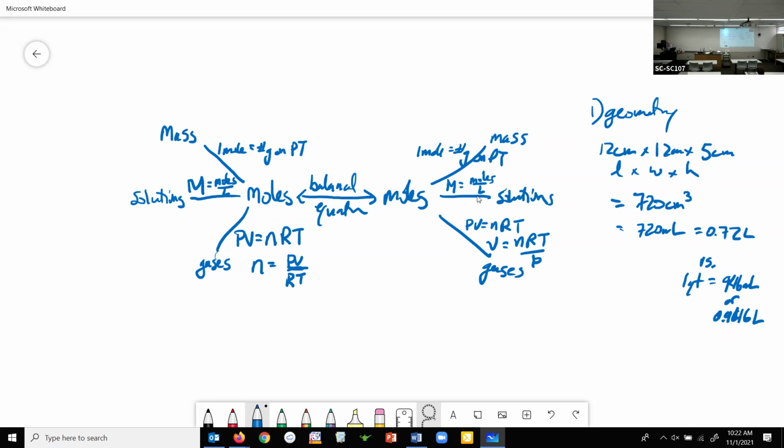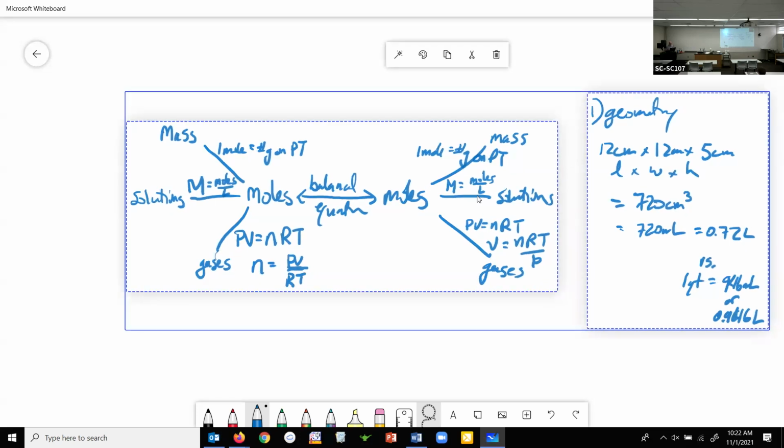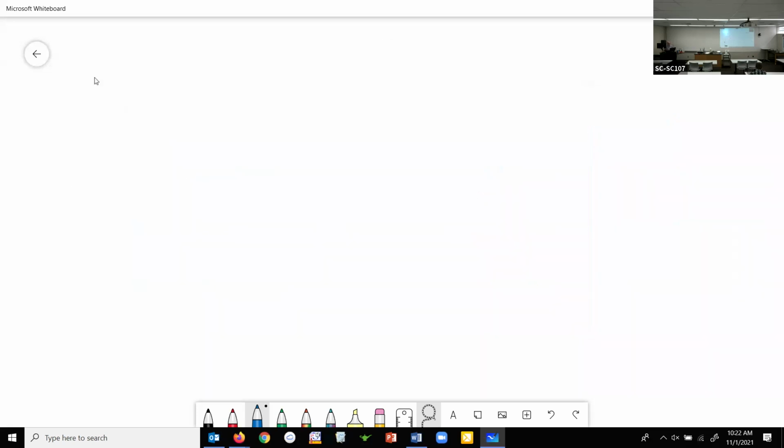Questions about the big picture before we dig into the weeds? All right. We're saying the bag is 0.72 liters. What I'm telling you is there's a relationship for dealing with gases that goes like this.